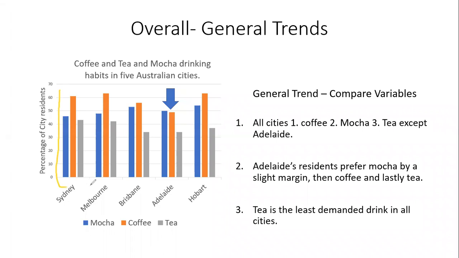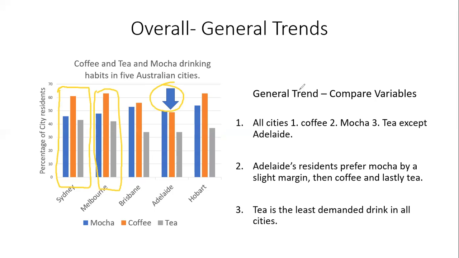Coffee is drunk at a higher percentage by the residents than, say, mocha or tea. Now that happens in just about every city. The exception, I've got an arrow here, is Adelaide, where mocha is actually marginally higher than coffee and then tea. And the other thing you can see here is tea is the lowest in every city.